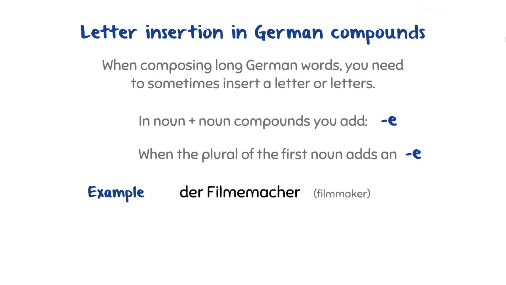Here you can see that an E was added. The singular form is der Film, which changes to die Filme, therefore der Filmemacher.